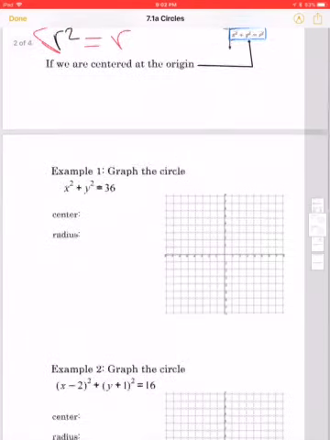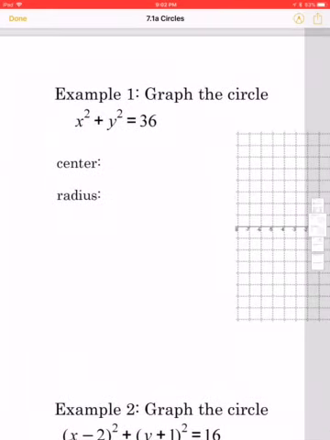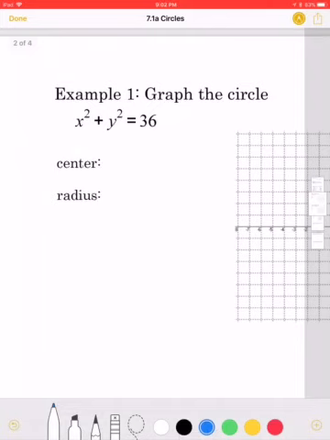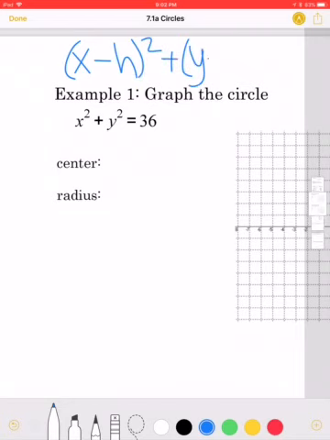Okay, here's our first example. Remember, the standard form of an equation is (x minus h) squared plus (y minus k) squared equals r squared.